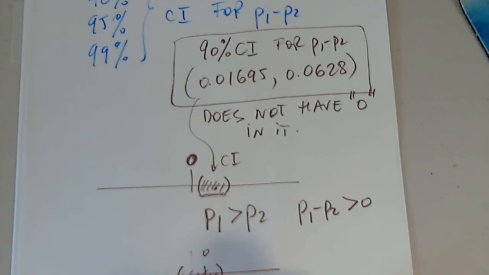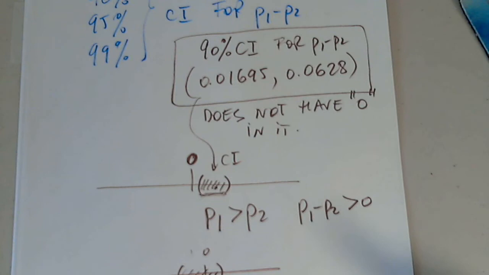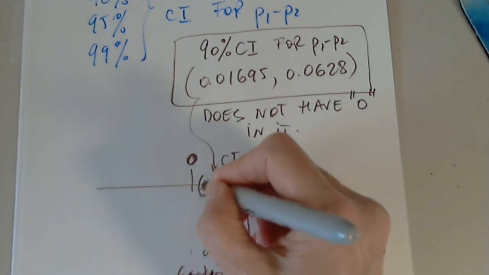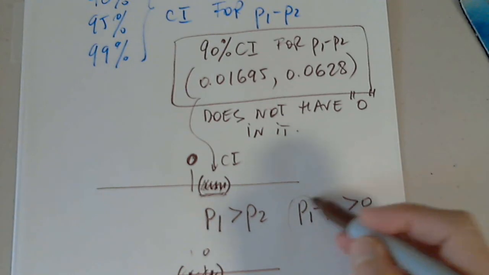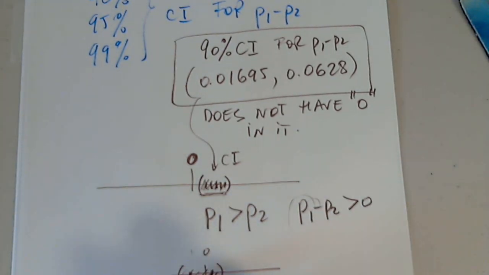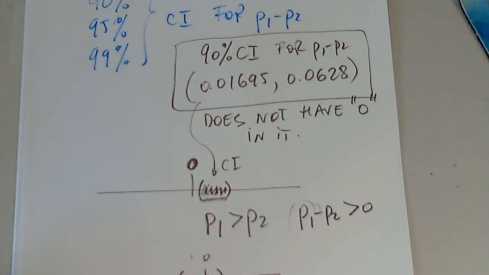I cannot conclude that P1 is less than P2. How come? Because some results are negative and some results are positive. Here, all results are positive, which makes P1 greater than P2. But if the results are sometimes positive, sometimes negative, and even 0, I could never conclude that P1 is greater or P2 is less, because sometimes P1 is bigger, sometimes P2 is bigger. So the answer is positive sometimes and negative sometimes.